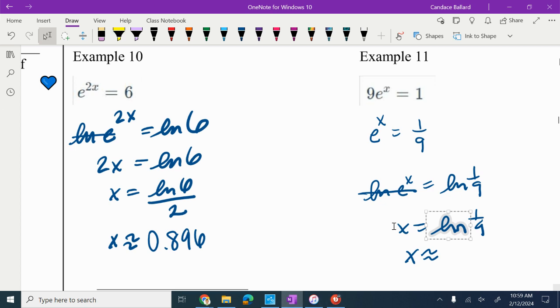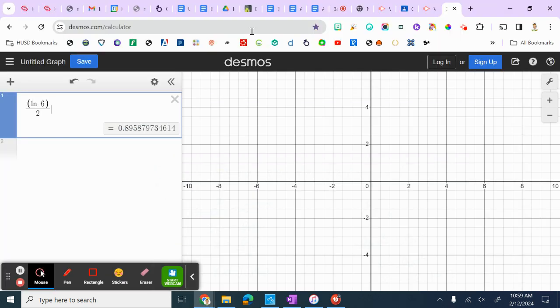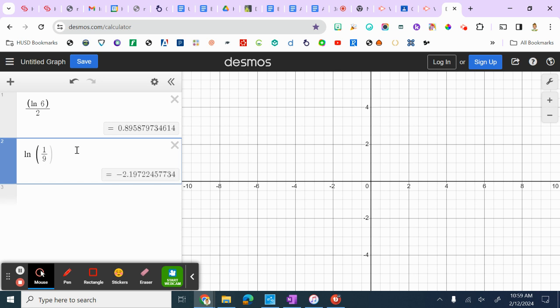What did we end up with? Negative 2 point, what was it? 197. Everybody agree? Everybody got it in the Desmos? Okay. All right. You have to be able to put it in Desmos. Natural log of 1 divided by 9, because it came up negative. Okay. Everybody good? All right.